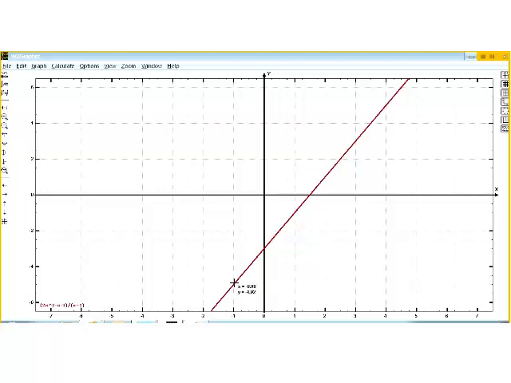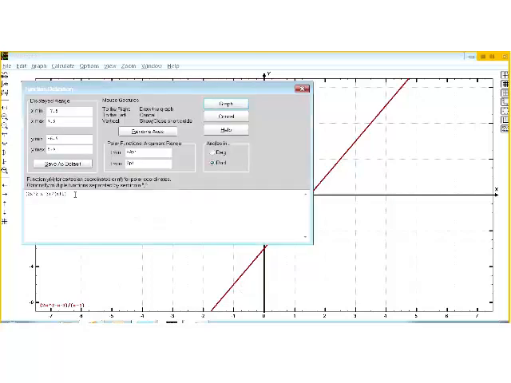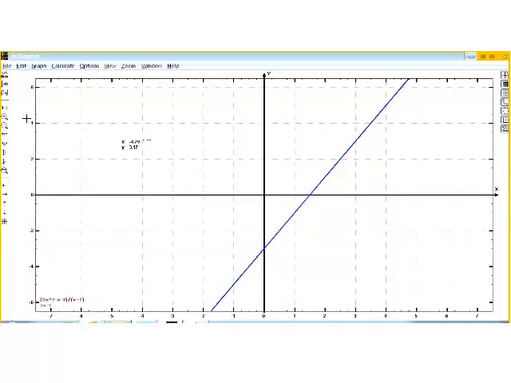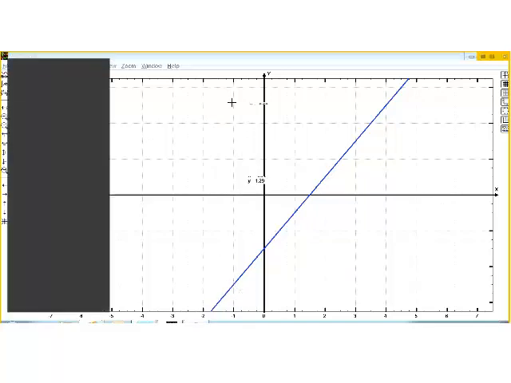So the limit does exist, and it's equal to the function that you get when you simplify it. So the simplified expression is, what was it, 2x minus 3. So if I plot that, you'll see it's the same graph. They're right on top of each other, and they look exactly the same. They are the same, except at that one particular point.